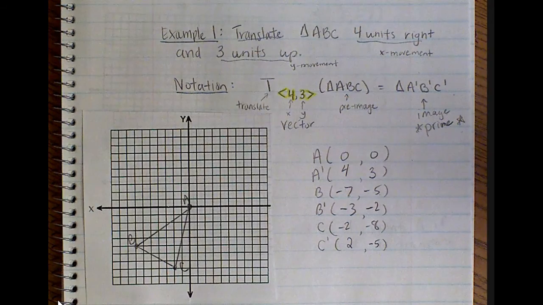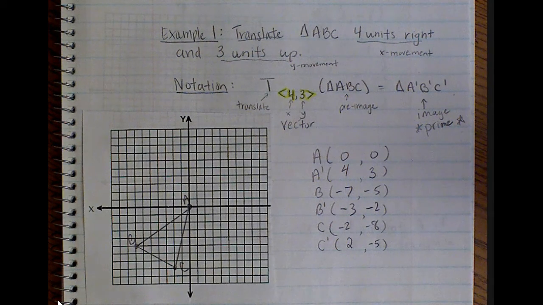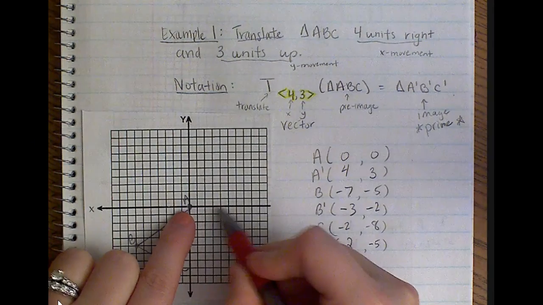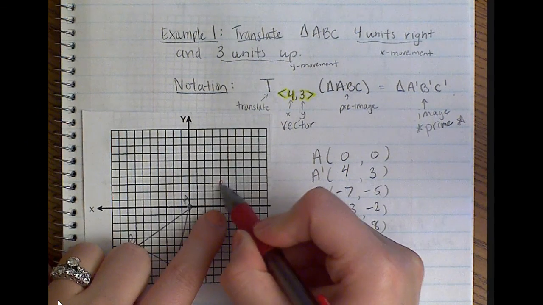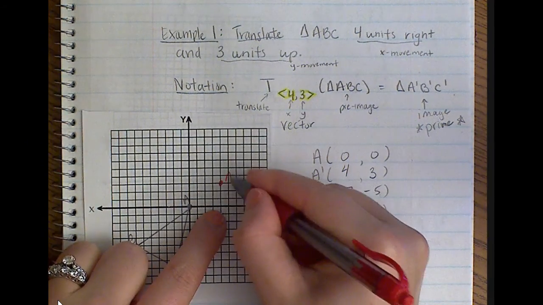So now we're going to graph our image, and I would always recommend that you do this in a different color so that you can clearly see the difference. So A is going to be 1, 2, 3, 4, 1, 2, 3. Label that A prime.